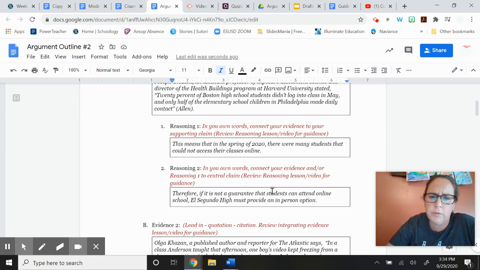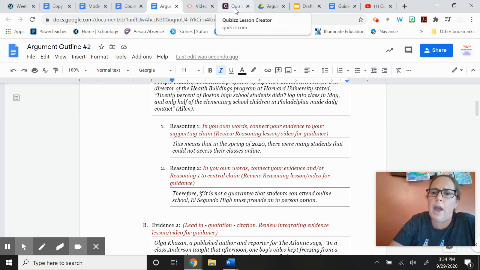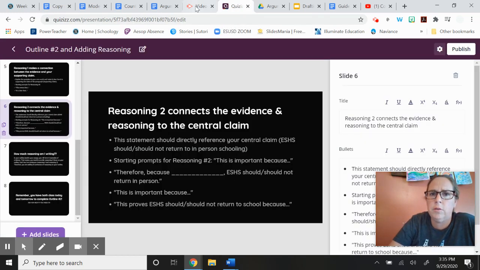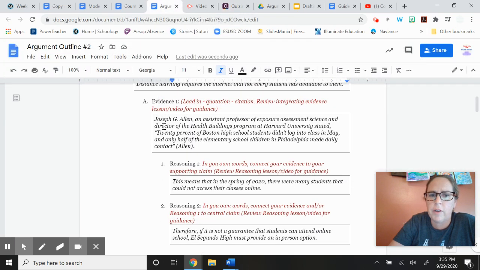Okay, so I just wanted to give you a sense of my thought process when you are creating reasoning. Between this example and the outline that the slides are giving you, hopefully you are able to construct some reasoning for each piece of your evidence. Make sure also that if you haven't done so already, your evidence is stated in the correct format, like these ones do.